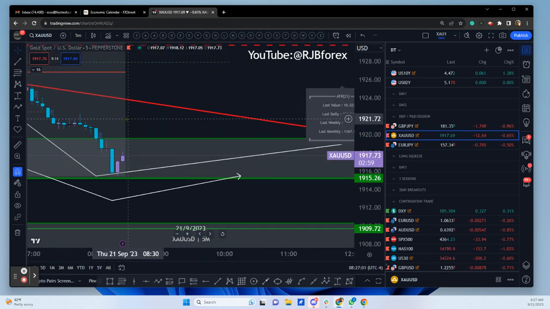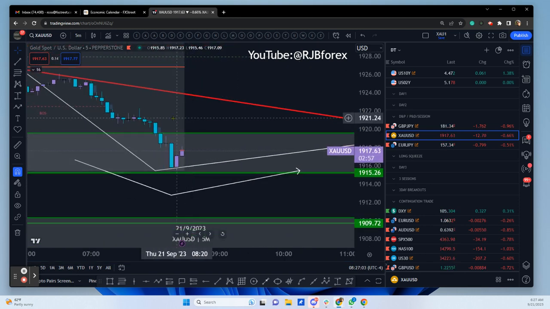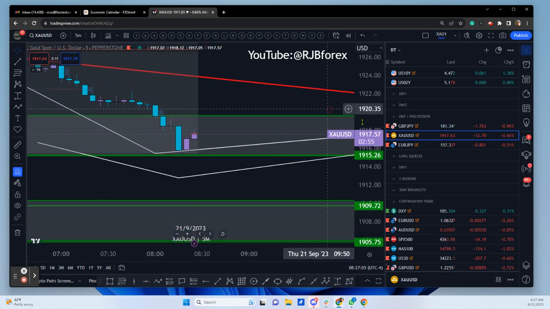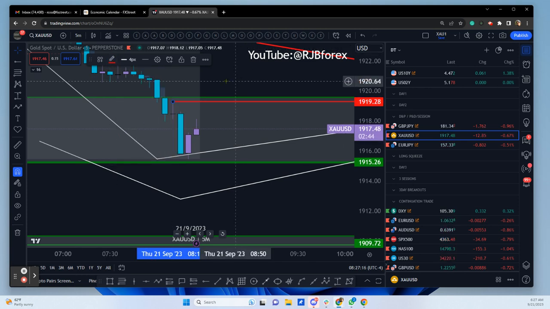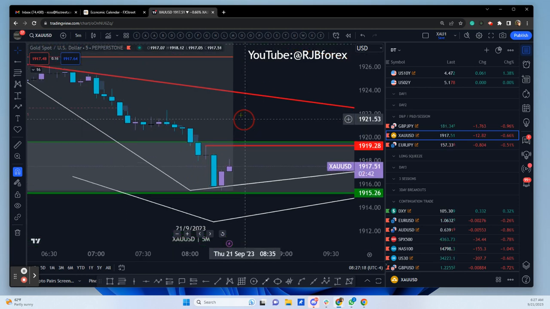And we can say, right, even as soon as we get above here, we can start building our bullish thesis for the New York Open, well, the Wall Street Open.